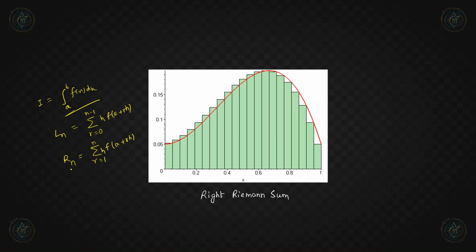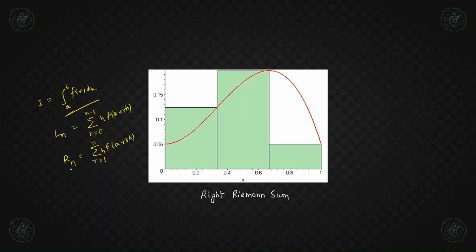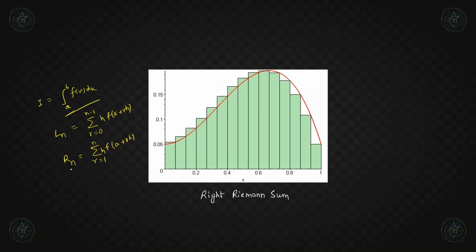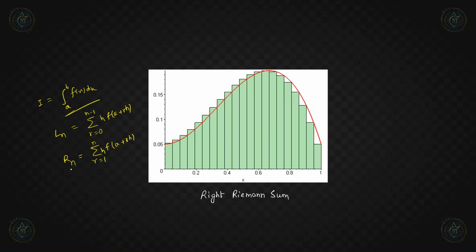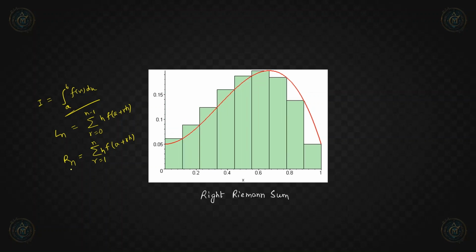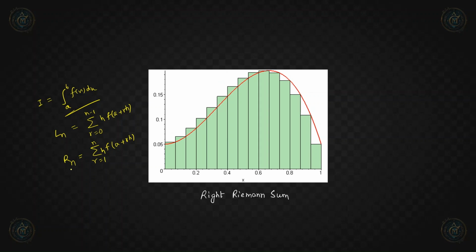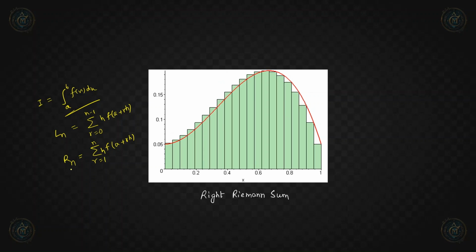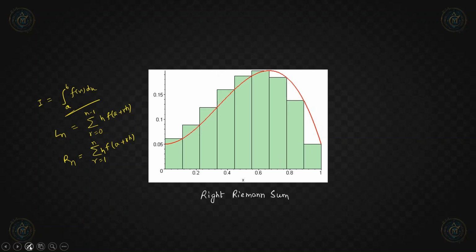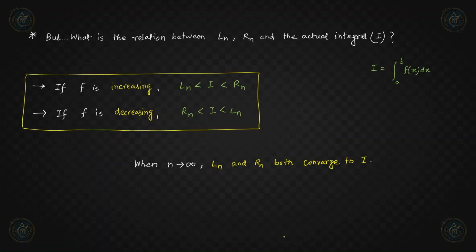So we are talking about finite summations, not infinite summations. We are taking some finite number of subintervals. And then we discuss the cases. So let us see what will be the relation between these quantities.